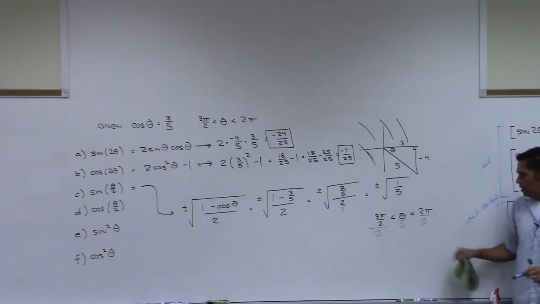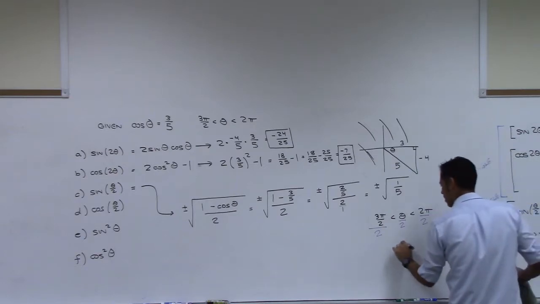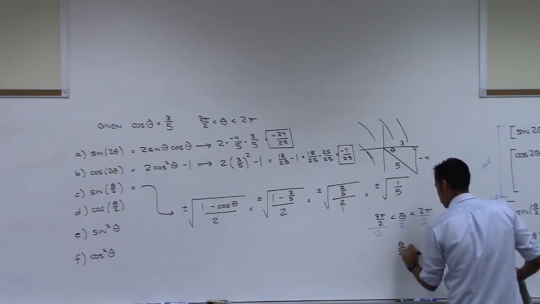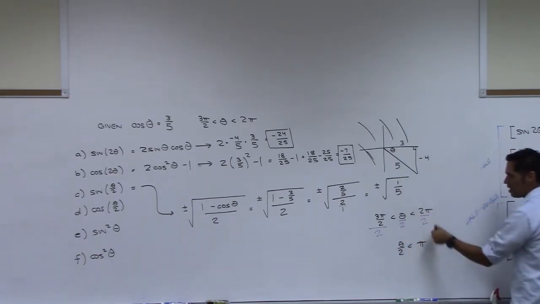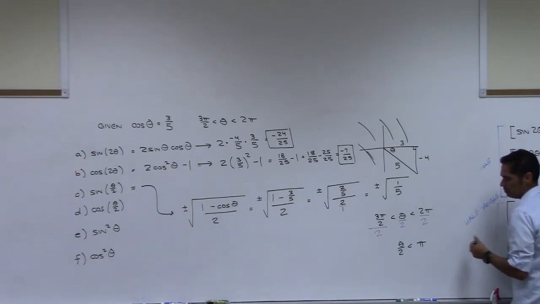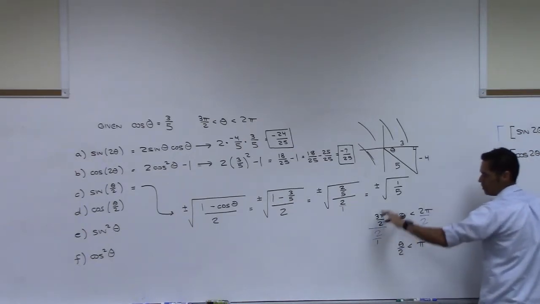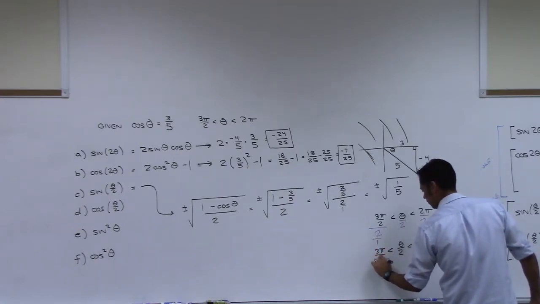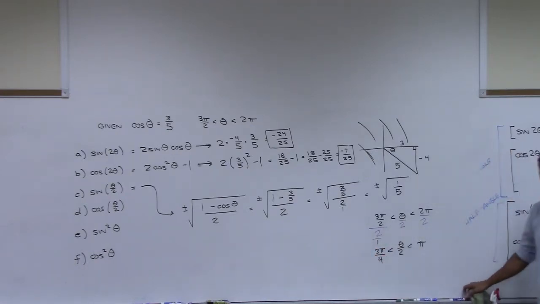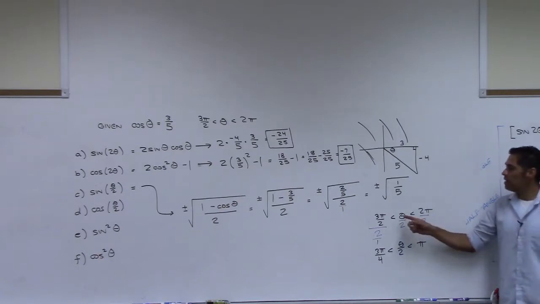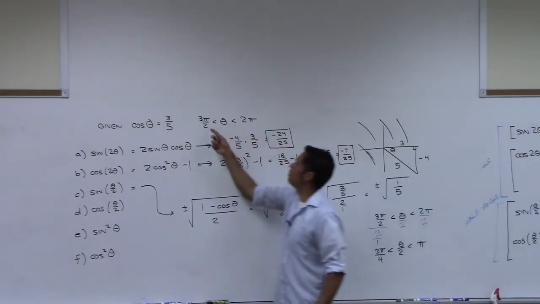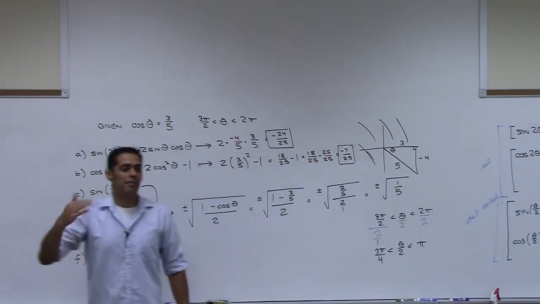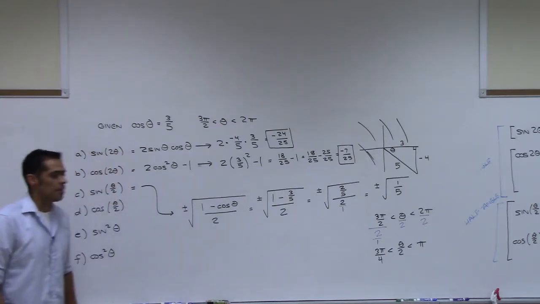So this new inequality looks like this. Theta over 2 should be less than pi, because those 2's cancel. And then when you do this and reciprocate, you get 3 pi over 4. So if theta has to be between 3 pi over 2 and 2 pi, then half of theta has to be between 3 pi over 4 and pi.